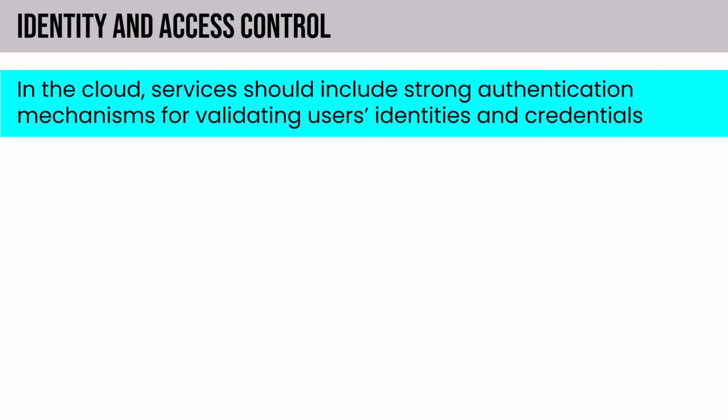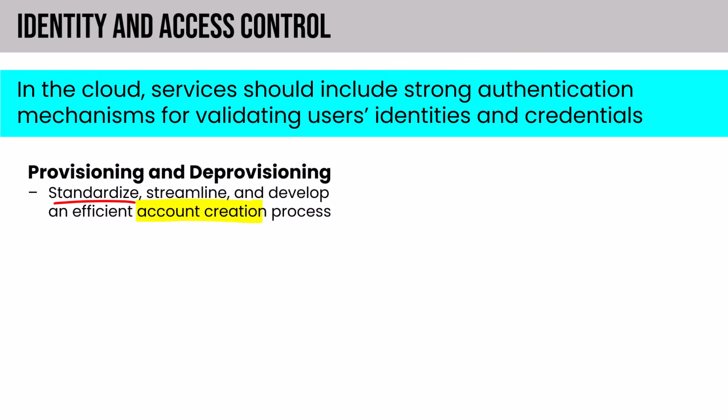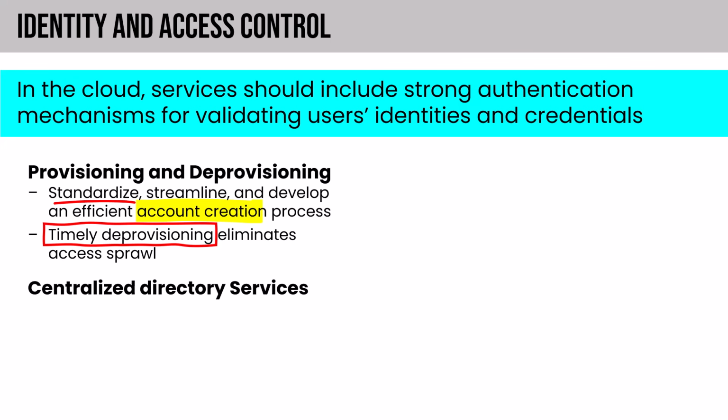In the cloud, services should include strong authentication mechanisms for validating the user's identity and their credentials, not unlike on premises. That means we need to standardize, streamline, and develop an efficient account creation process, as well as a timely deprovisioning process. So when a user departs from the company, at the point of separation, we need to deprovision access quickly and efficiently.